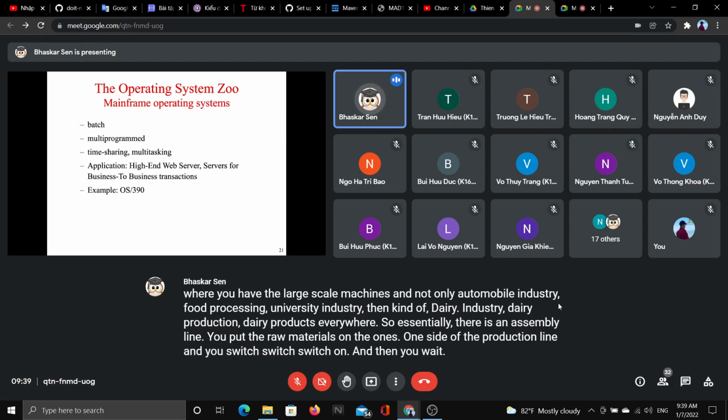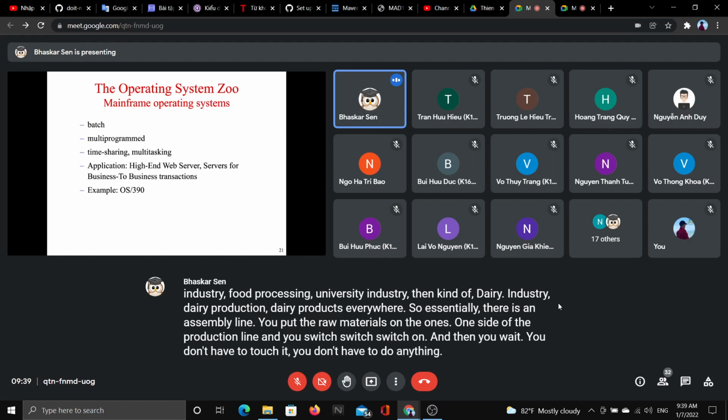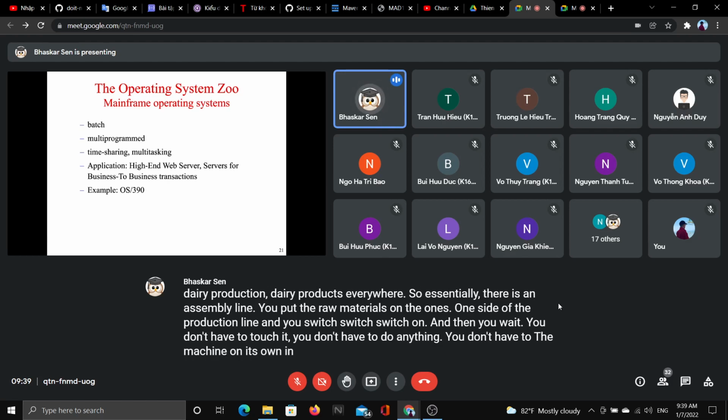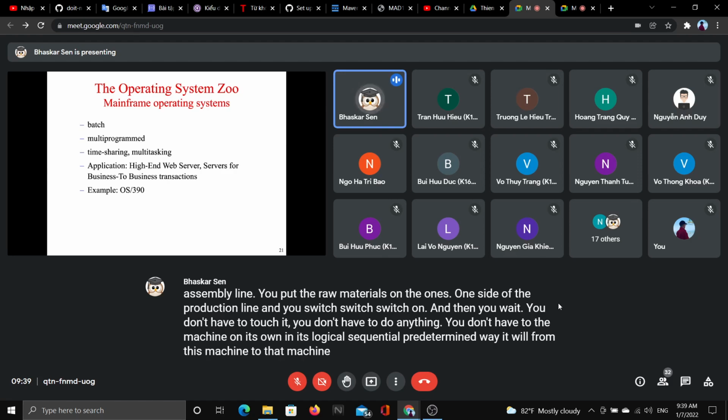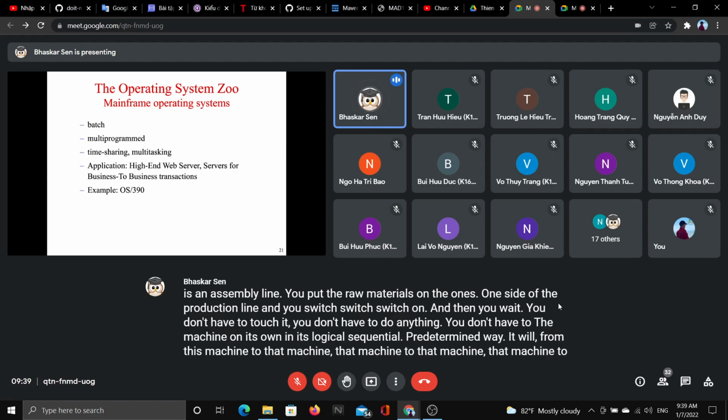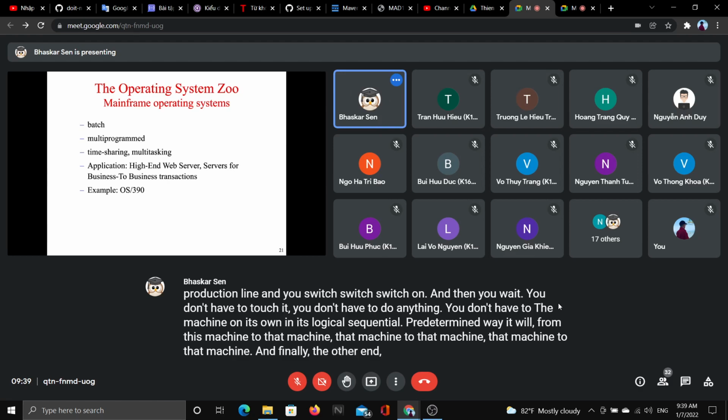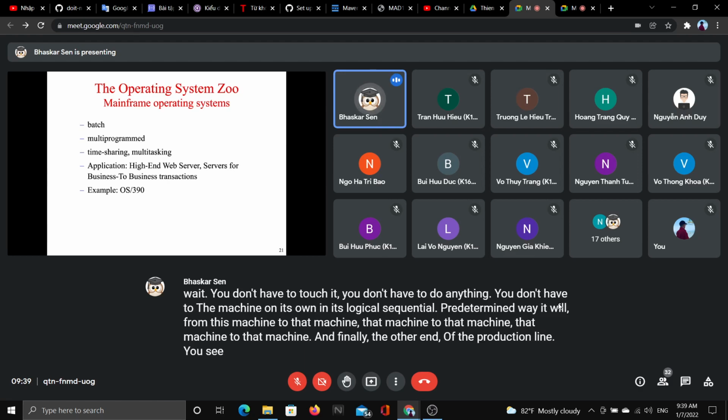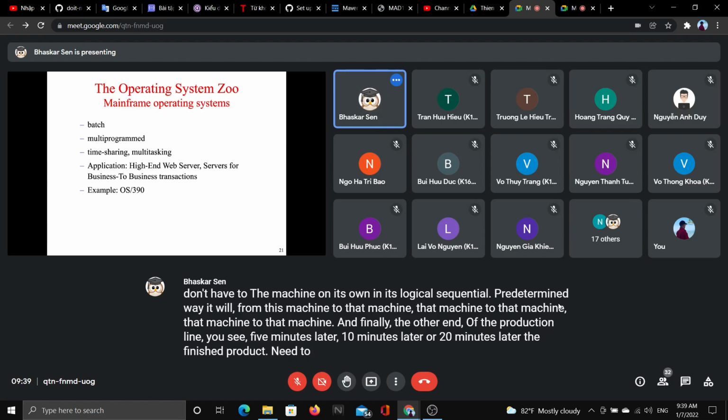You don't have to touch it. You don't have to do anything. You don't have to interrupt it. The machine on its own, in a logical, sequential, predetermined way, will go from this machine to that machine, that machine to that machine, that machine to that machine. And finally, at the other end of the production line, you see 5 minutes later, 10 minutes later, or 20 minutes later, the finished product, neatly packaged, is delivered.